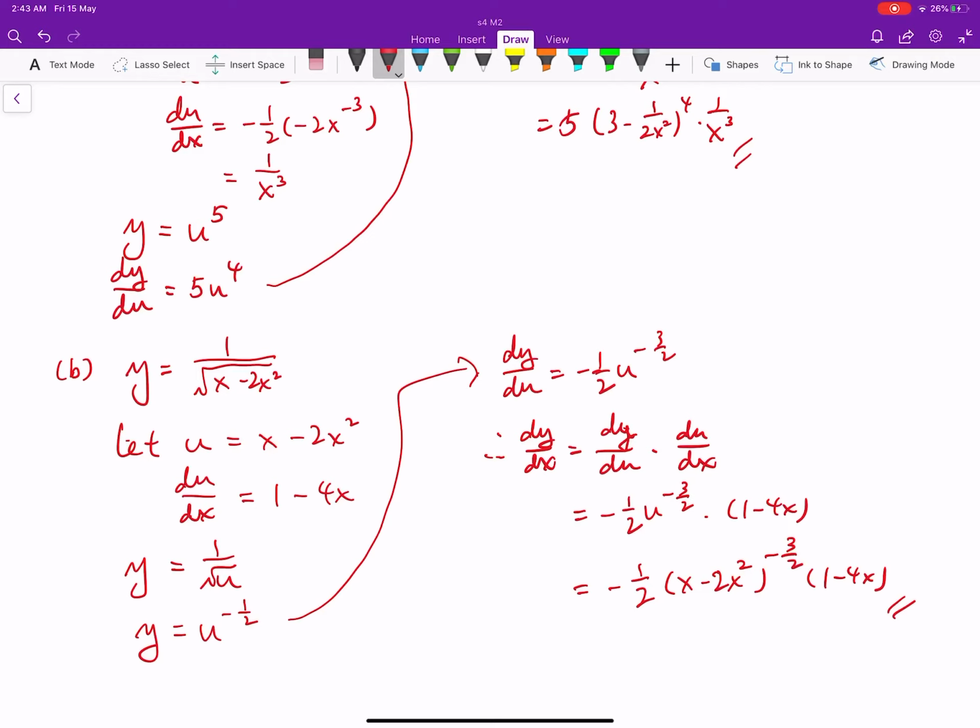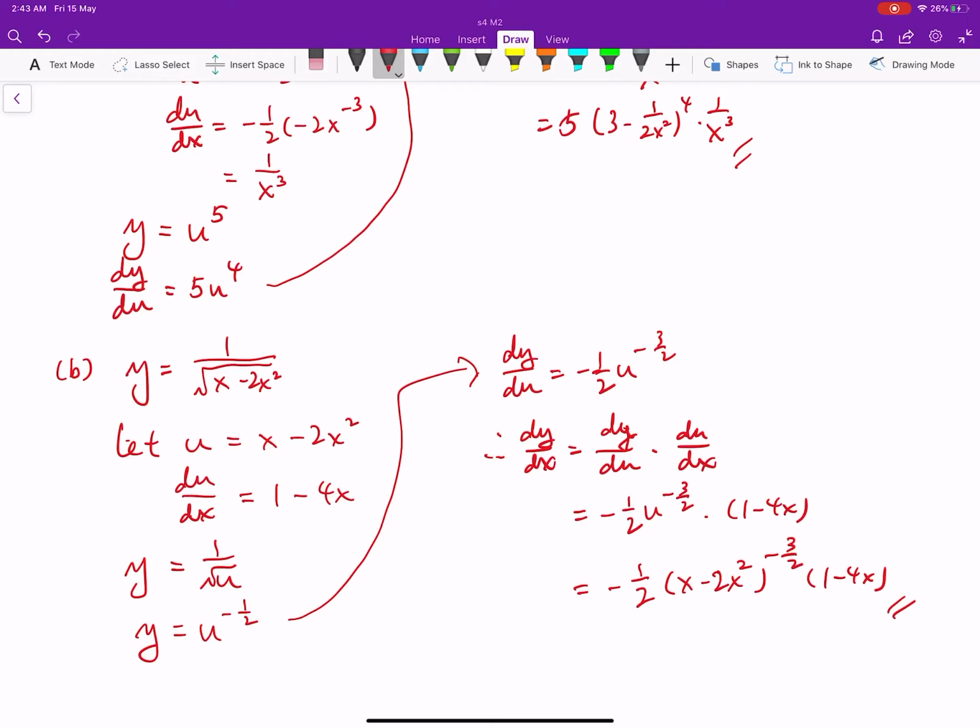This is the first time we look at the chain rule, so I won't show you many complicated questions. Now it's your turn to do the quick practice 1.11, and I will show you the answer in another video. And in the next lessons we will get more complicated questions by incorporating even the product rule and also the quotient rule.